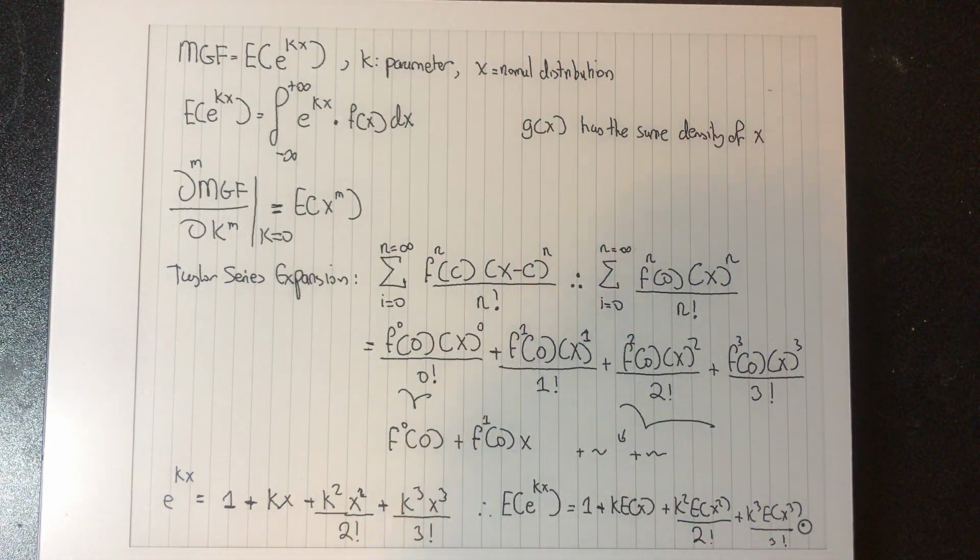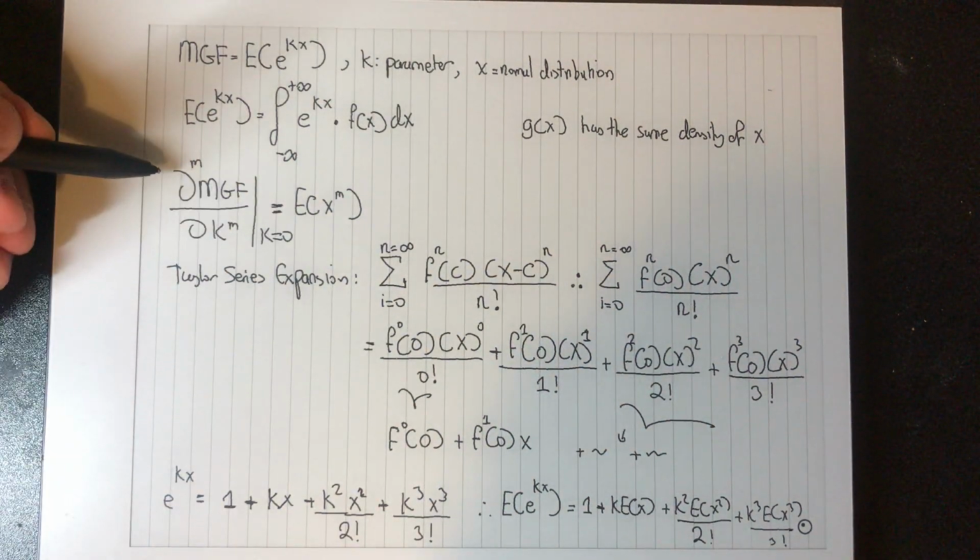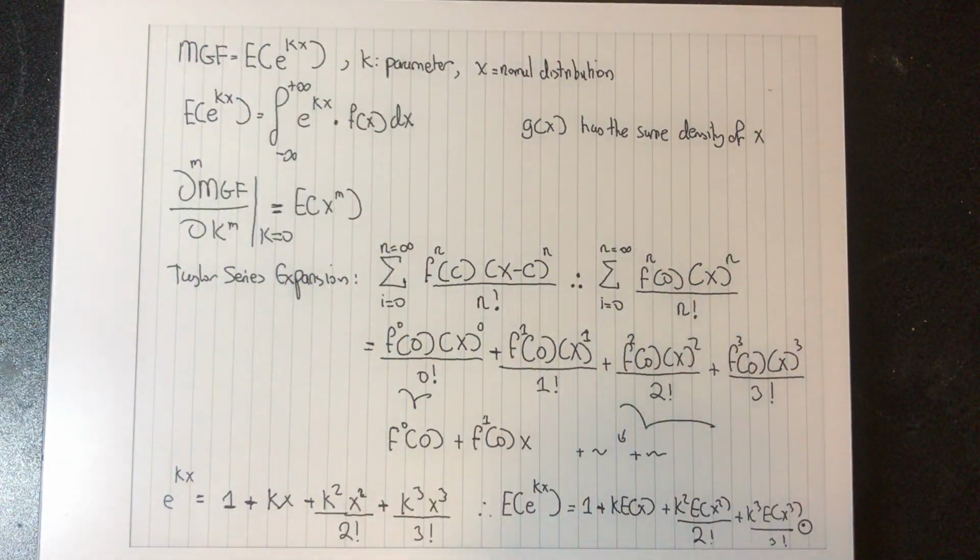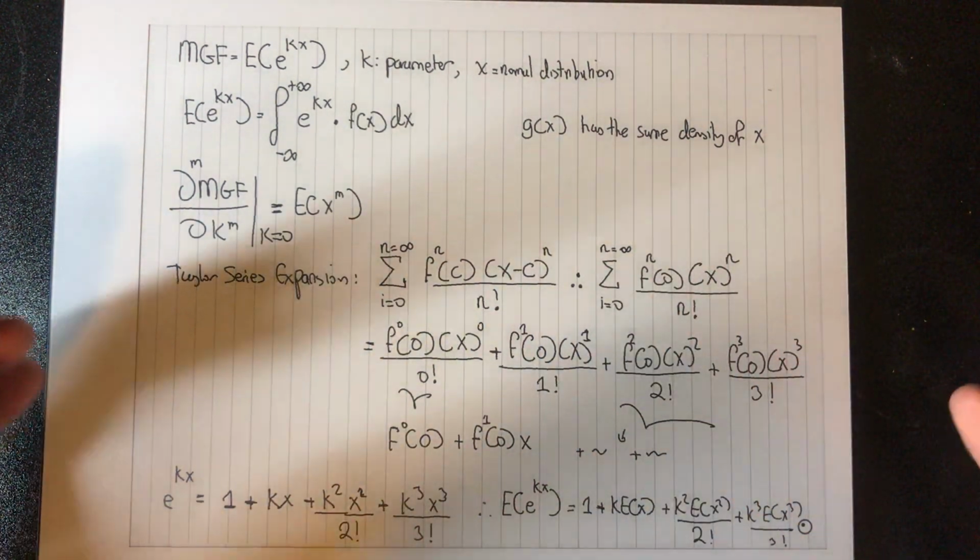And what we're going to do next is prove that this holds true. So what we're going to be doing is taking the derivative of the moment generating function, but in this case we're going to take the derivative of the approximation of the moment generating function, which we found out through the Taylor series expansion.